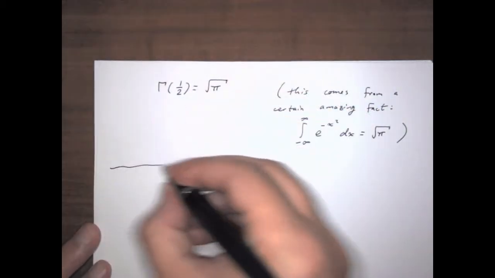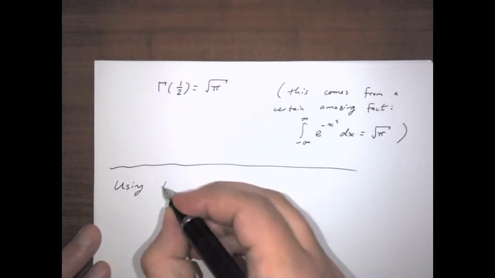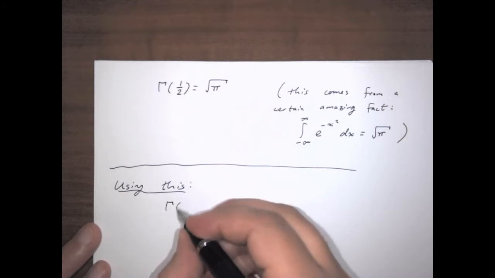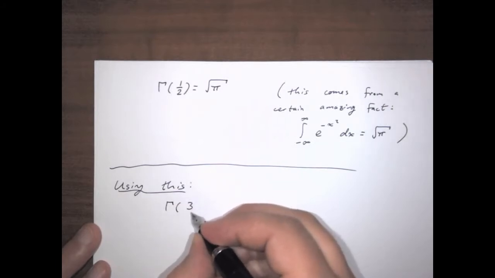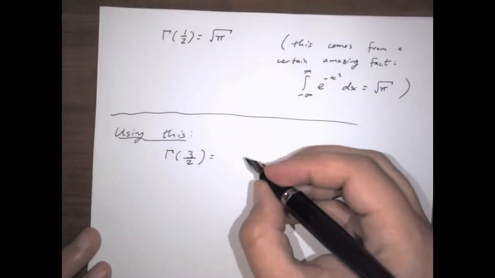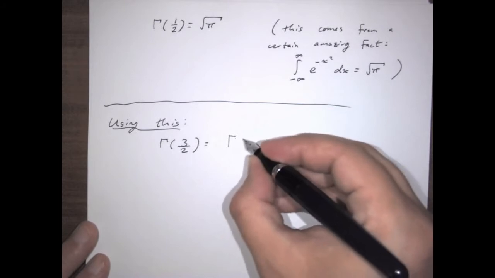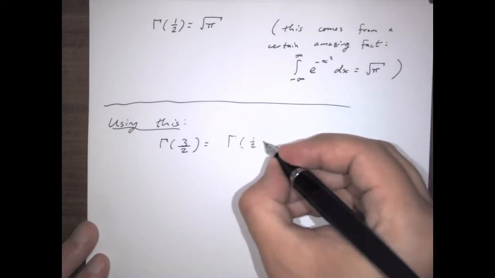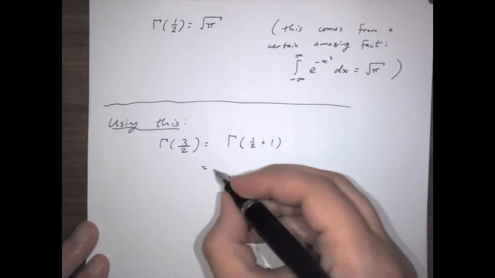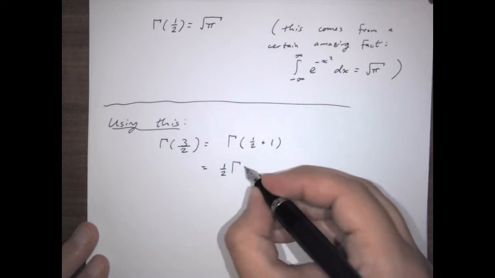Now, using this, let's say I wanted to find gamma of 3/2. Well, that's equal to gamma of 1/2 plus 1, which, as we just saw, is the same as 1/2 gamma of 1/2.